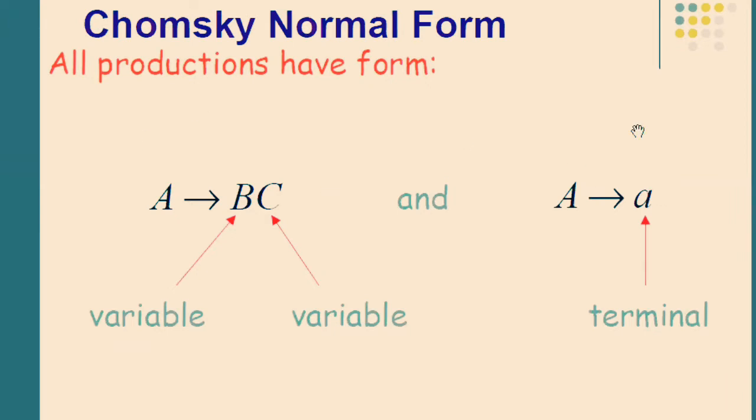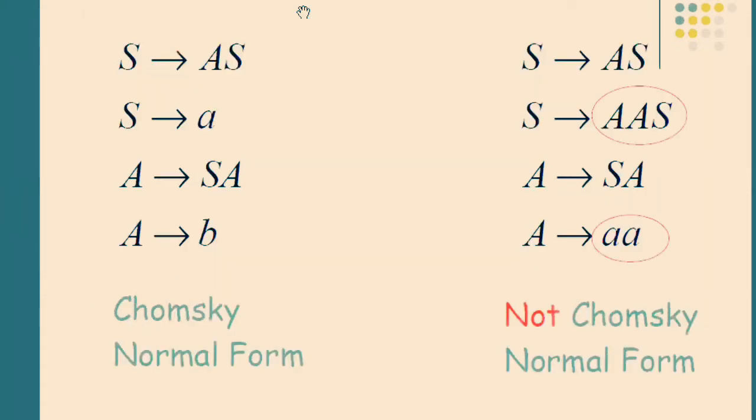So these are the two productions that should be there in Chomsky's normal form. We have seen some examples also. Here you can see all the productions are in Chomsky's normal form, and here two productions are not in Chomsky's normal form, and we have also seen how to convert these productions into Chomsky's normal form in the last class.